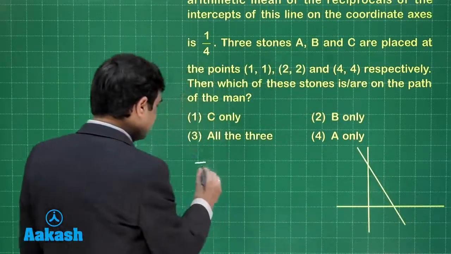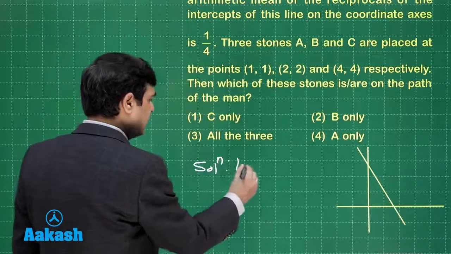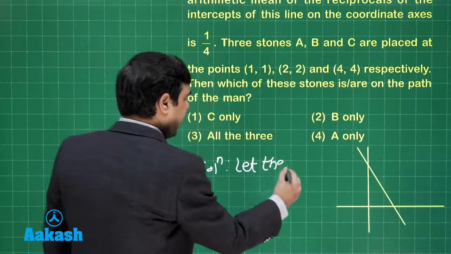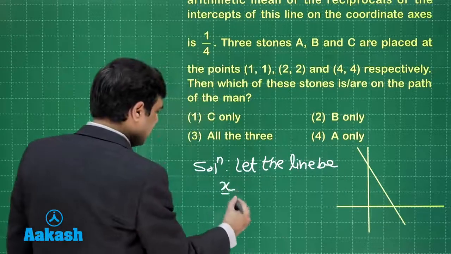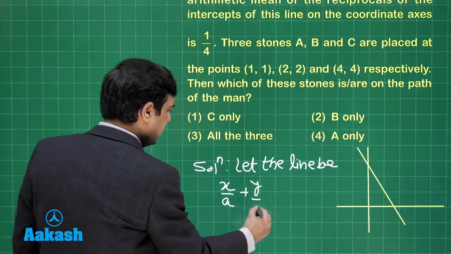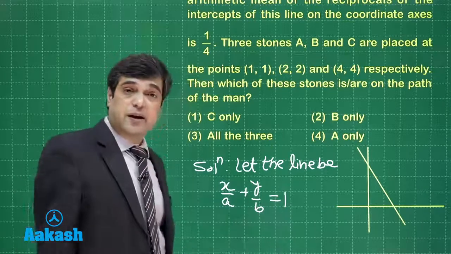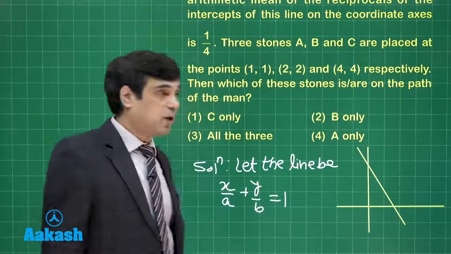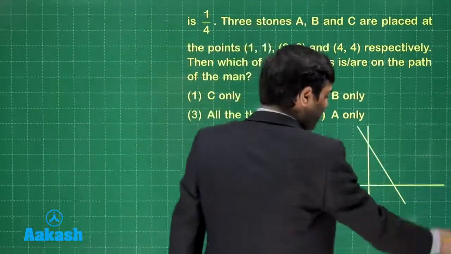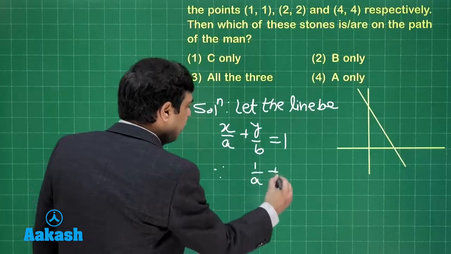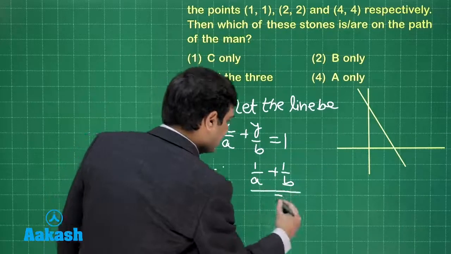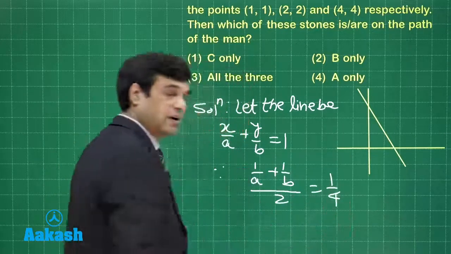And since the question is talking about the intercepts, let the line, or the path of the man, you can say, be x by a plus y by b equals 1. Intercepts are small a and small b. Now the question is saying that the arithmetic mean of reciprocals of intercepts is 1 by 4.